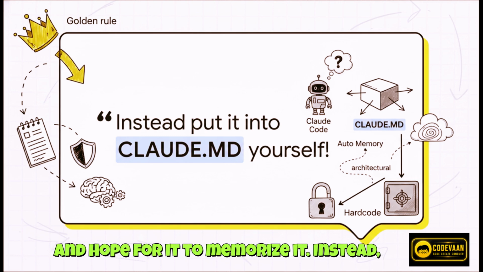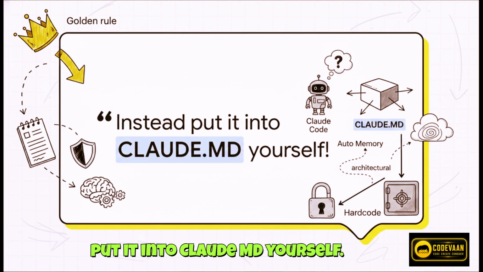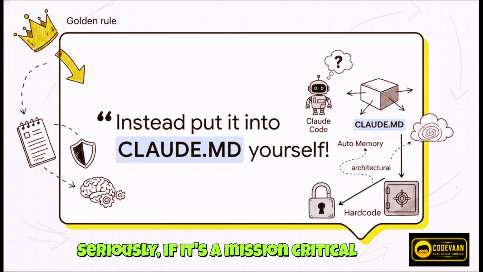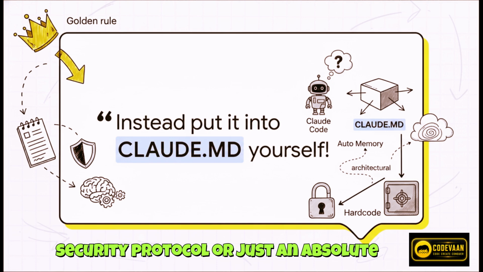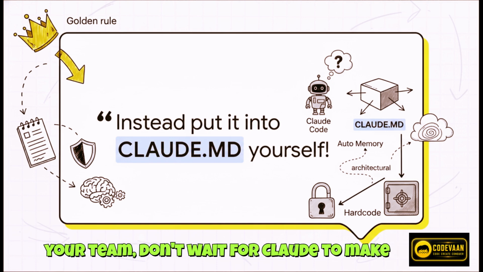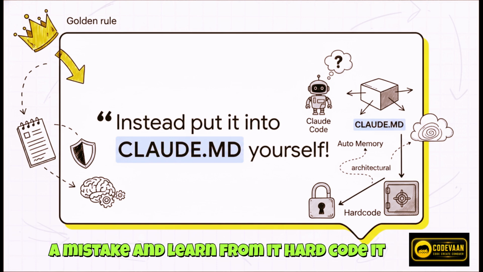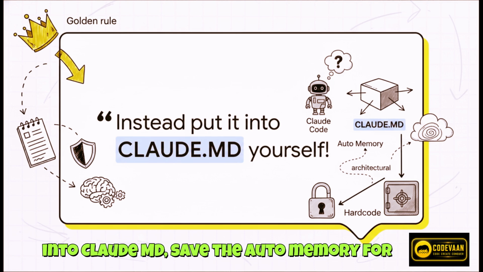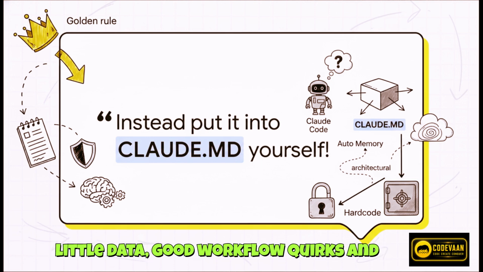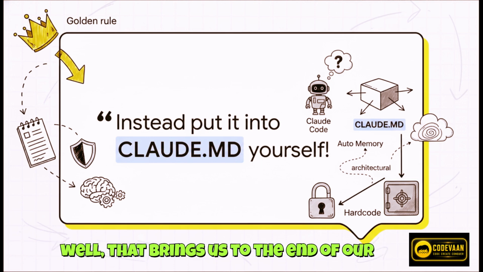Instead, put it into Claude.MD yourself. Seriously, if it's a mission-critical security protocol or just an absolute non-negotiable architectural standard for your team, don't wait for Claude to make a mistake and learn from it. Hard-code it into Claude.MD. Save the auto memory for the nuances, the quick context, and those little quirks of your workflow.